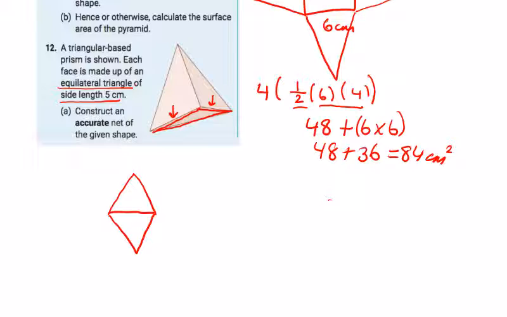The one that's at this side is going to come down to here, and the one over here is going to come down to here. So it forms a bigger triangle, as so. So that's an equilateral triangular base prism. Construct an accurate net. Are we asked for the surface area or not asked for the surface area? Okay, so that's that question done.